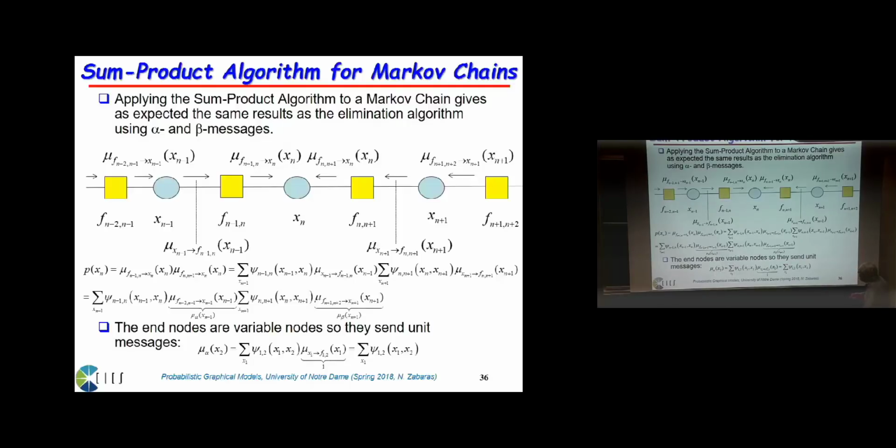So if you take this recursive relation that I had before, and you want the message that leaves node x1 to go to the first factor, basically what you need to do is integrate x1 from the potential psi1 to the first two nodes, and the message from the first node to the first factor we set equal to 1. So you notice the first message that comes is nothing else but marginalization in x1 of the potential between nodes 1 and 2.